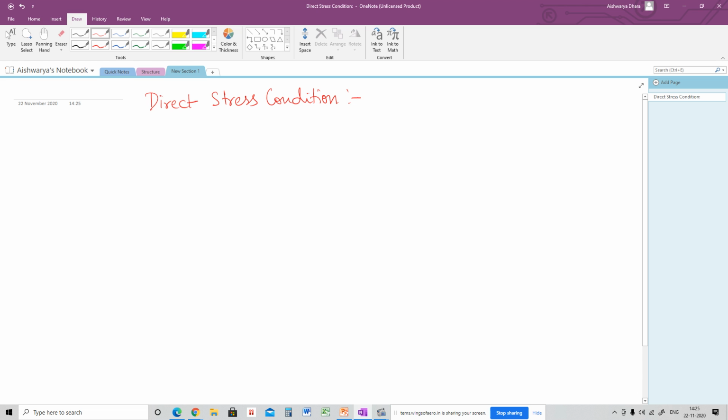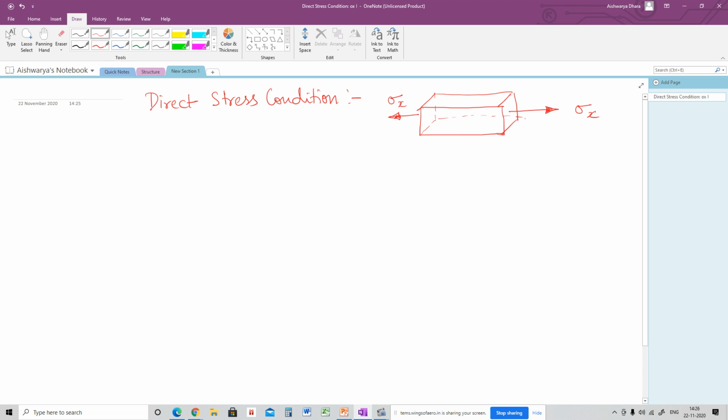Direct stress condition. Now what I said, in the direct stress condition there was an object, and either sigma x will be there or sigma y will be there, unidirectional. So let me consider along sigma x.